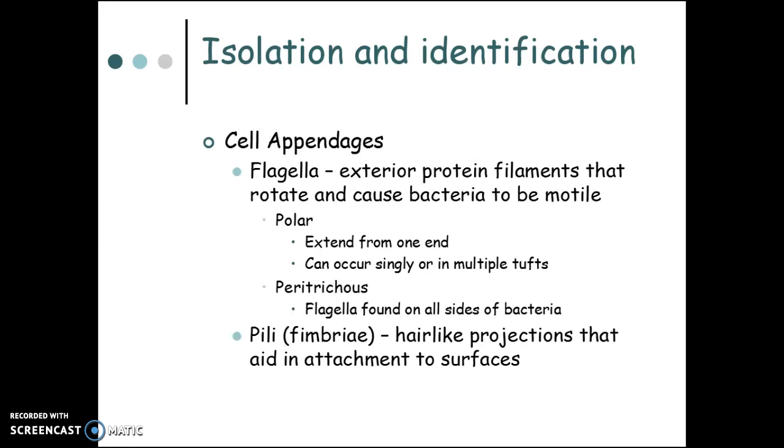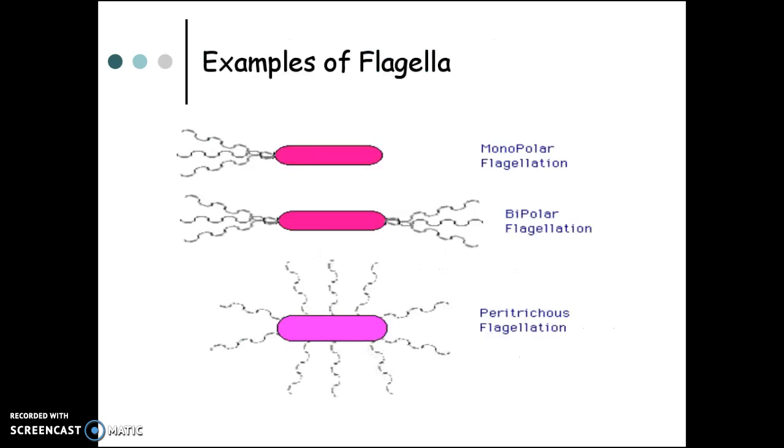Cell appendages, we can also use this characteristic to group each bacteria. Flagella and pili we can use to classify. Monopolar flagellation is when the bacterium has flagella on one side only. Bipolar flagellation has flagella on two sides, and peritrichous flagellation means flagella all over the cell.